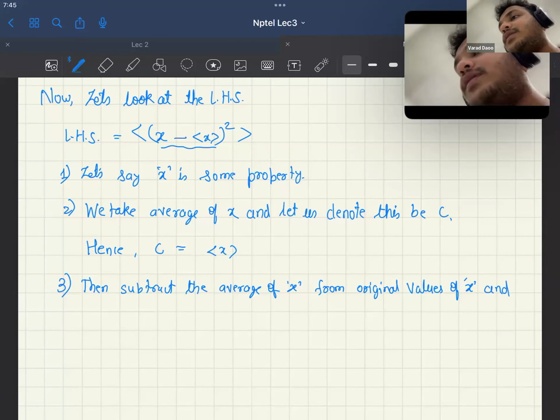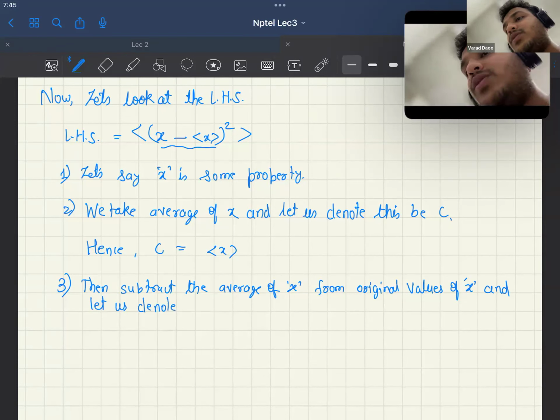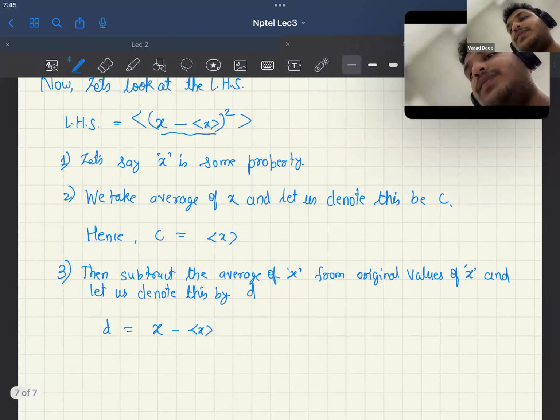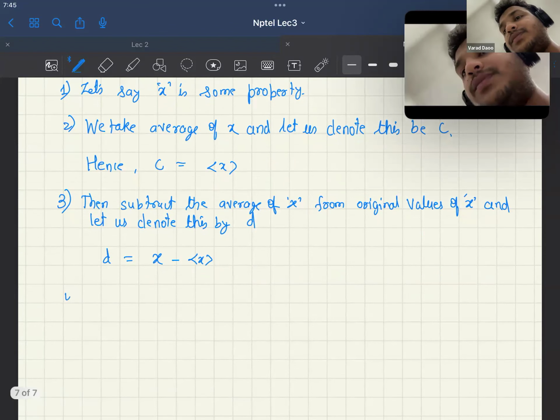And let us denote this by, let's say, d. So then d becomes what? D becomes x minus average of x. And this is very clear.